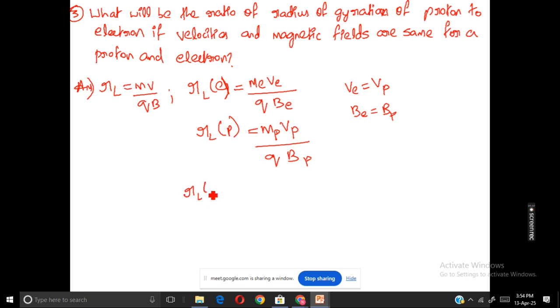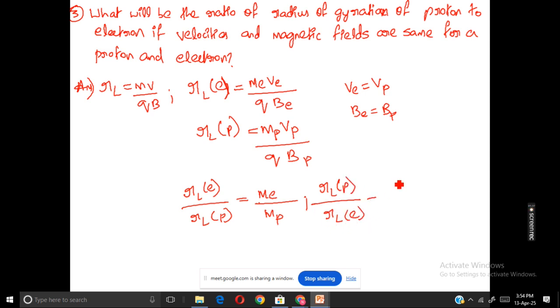So RL of electron by RL of proton will be ME by MP. Proton to electron, so the other way around, RL of proton by RL of electron will be mass of proton by mass of electron. These are known values.